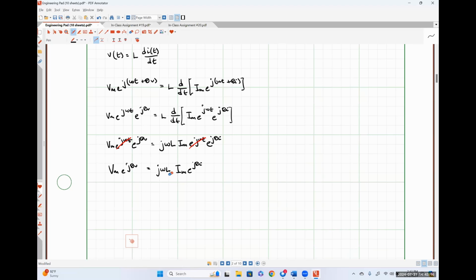So let's look at a complex plane really quickly. So let's say that these tick marks, and this is the positive real direction, and this is the positive imaginary direction.